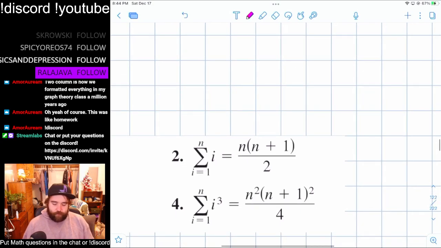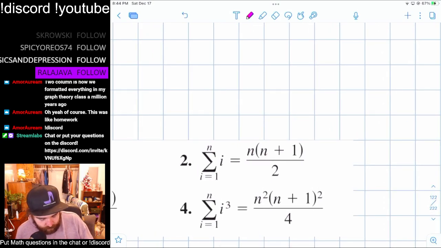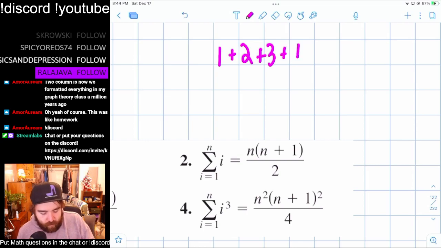Now this one, number 2, do we know how to prove this one? Yeah, actually, I do know how to prove this one. So look at what we have going here. If we would write this out, we'd have 1 when i equals 1, when i equals 2, when i equals 3, when i equals 4, all the way out to when i equals n.